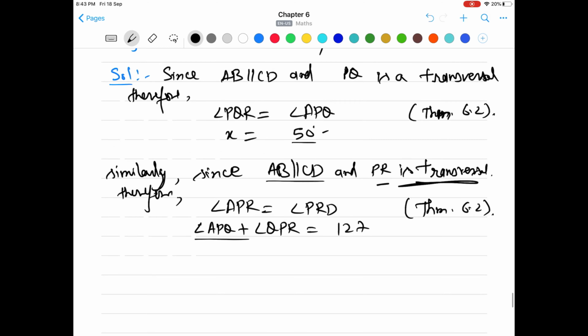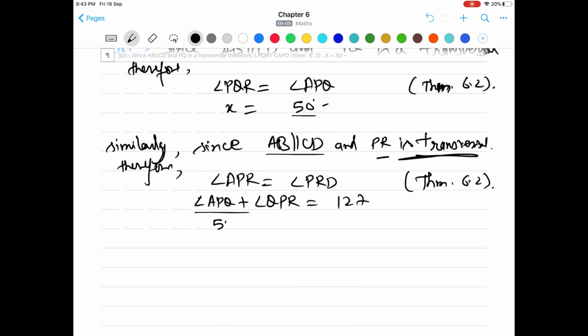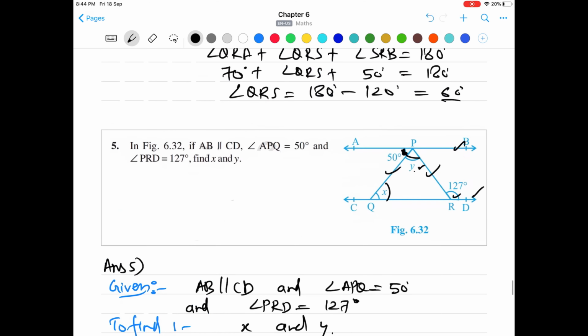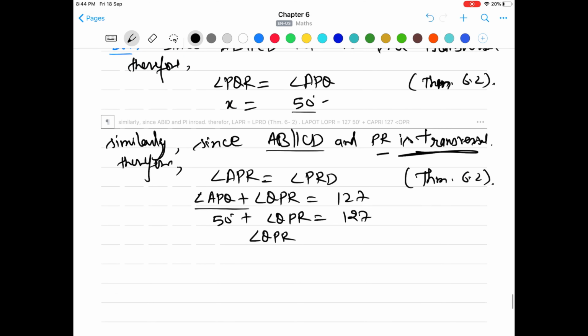APQ we have calculated here, which is 50. So angle QPR, which is actually Y, is 127 minus 50, so this will be 77 degrees.